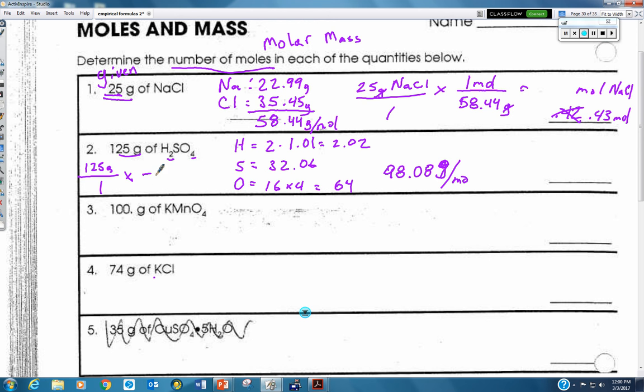times 1 mole over our molar mass, because it's grams per mole, 98.08. So essentially 125 divided by 98.08. This number is larger than this number, so we're going to expect it to be larger than 1.